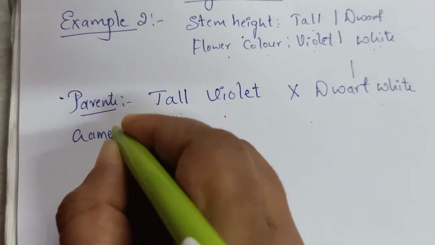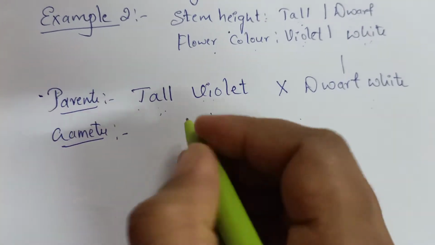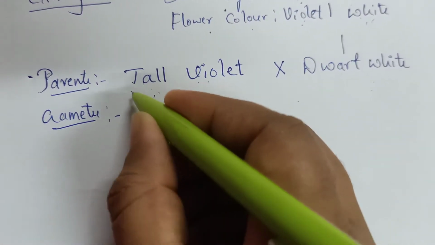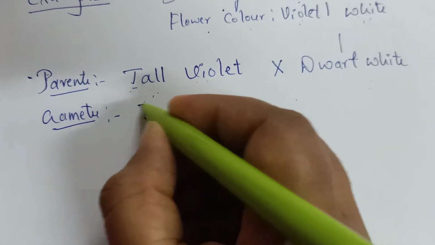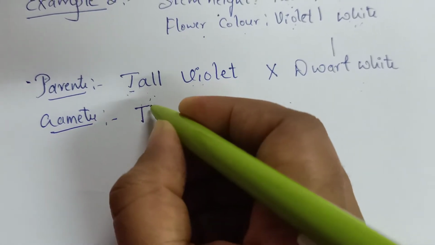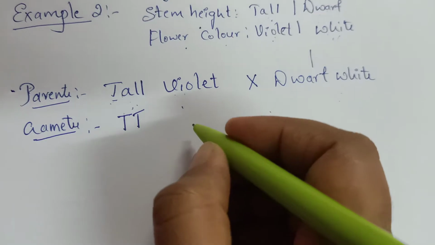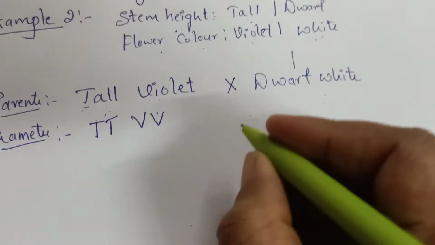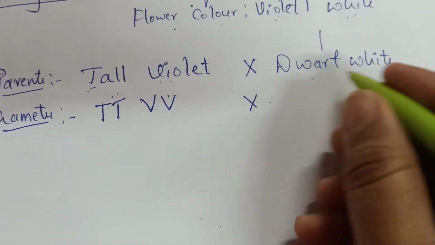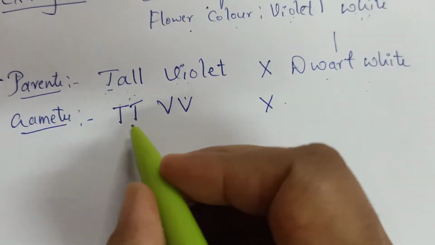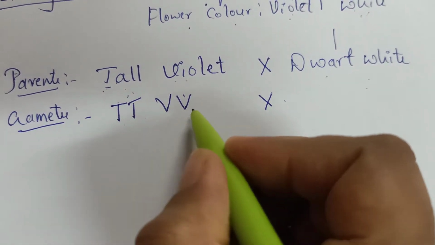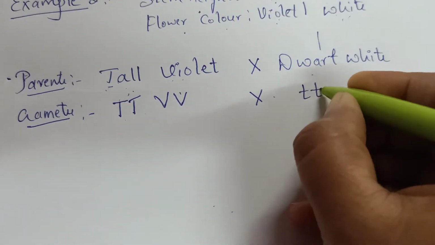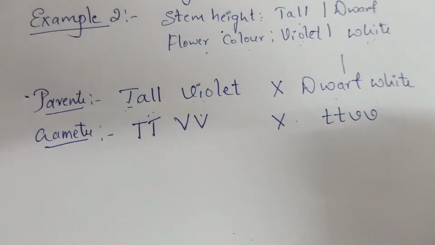Then after writing parents, we have to write the gametes. As these are dominant characters, if you take tall, we'll take the first letter of the dominant character, that is TT. Same thing with violet, capital V and capital V. As dwarf white are both recessive, we have to take small letters of these, so that will be small t, small t, small v, small v.